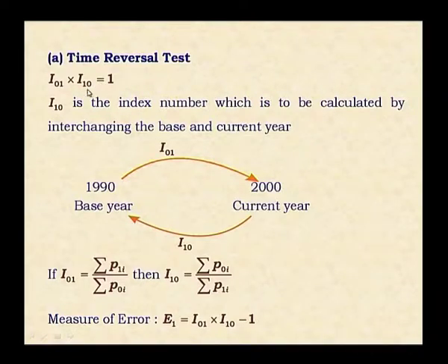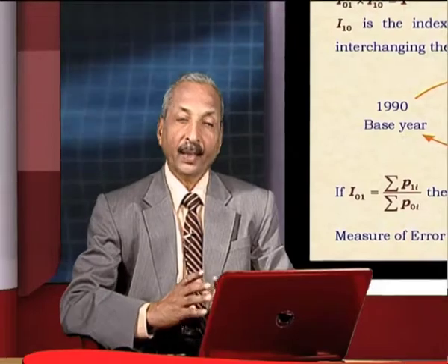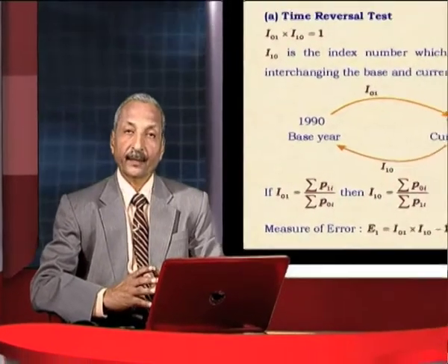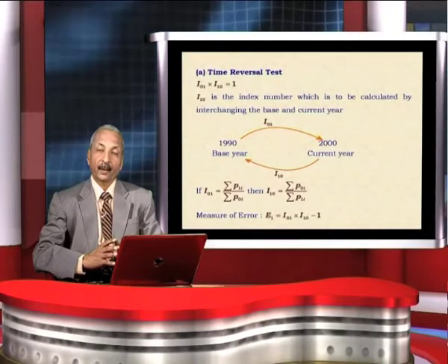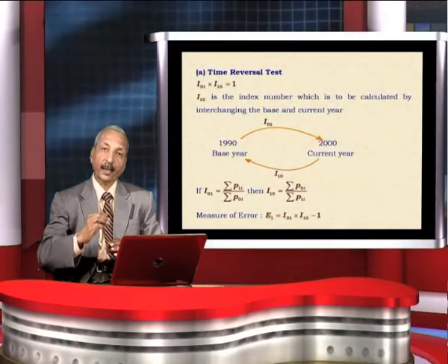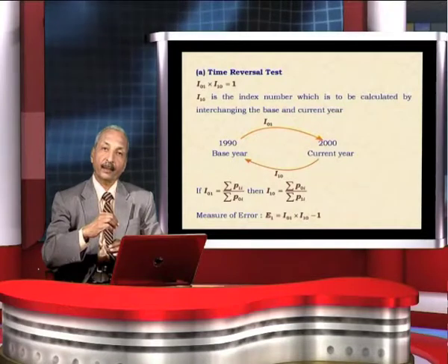That is, if any index number satisfies this equation, then we say that this index number is appropriate according to this criterion. Now, what is I10 here? We know that I01 is the index number where 1 denotes the current year and 0 denotes the particular base year.